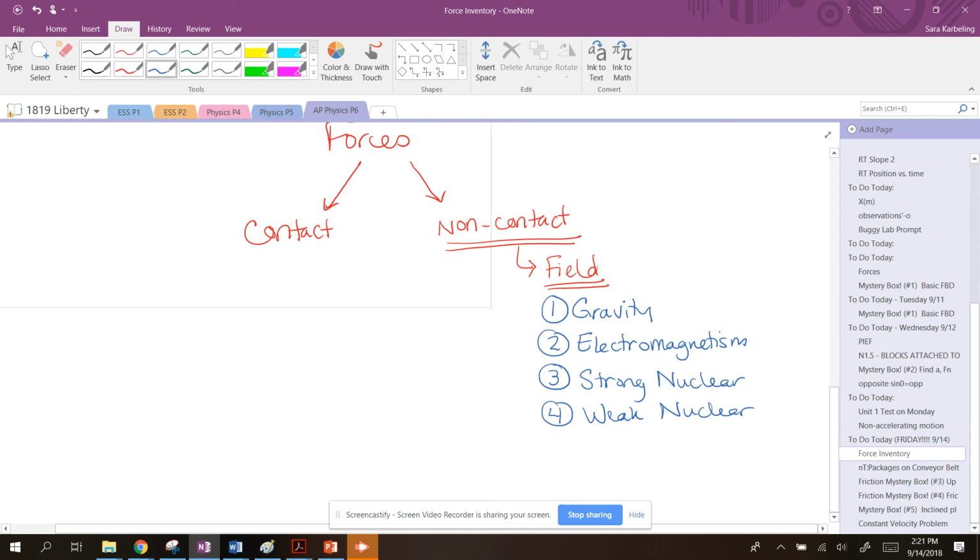You ready for one more thing? You know this from chemistry probably. What is an atom made up of mostly? Empty space. So here's the really weird thing. When I've got a frog sitting on a table, and we drew a free body diagram of it a couple days ago, the earth is pulling down, that's a field force, right? And you told me that the table is pushing up. Here's the thing.